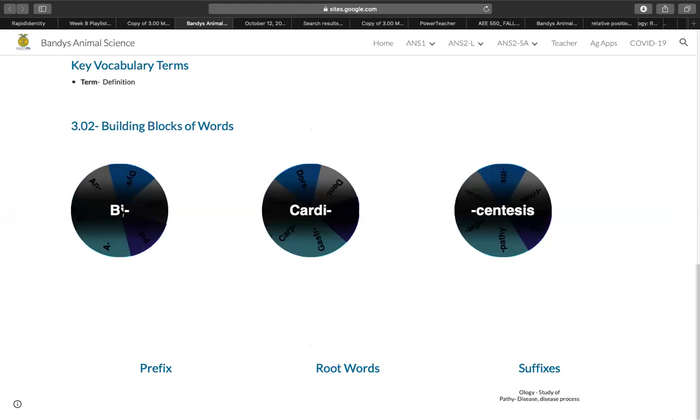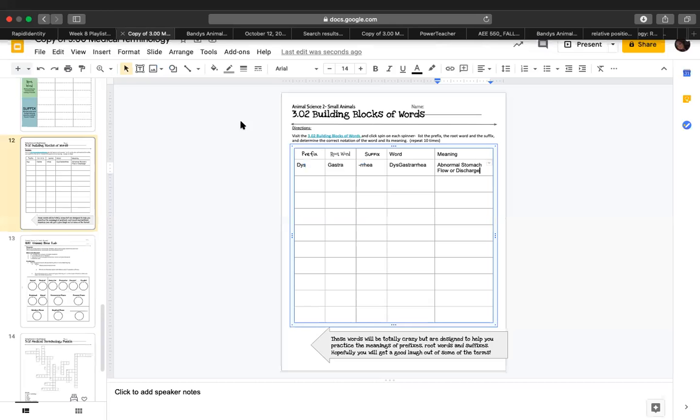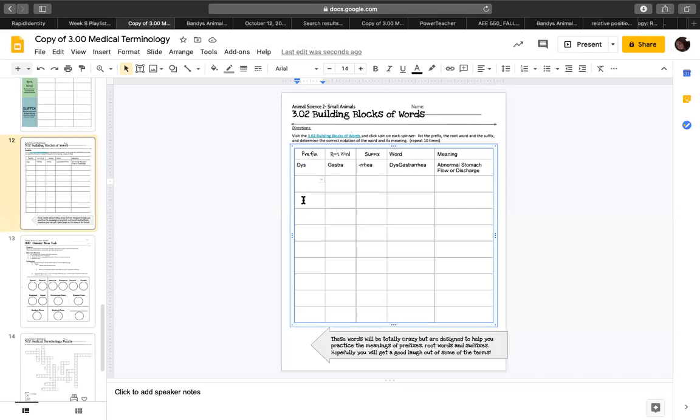So your next word would be bicardiocentesis. So then you just go through and you complete 10 words. Any questions on that?